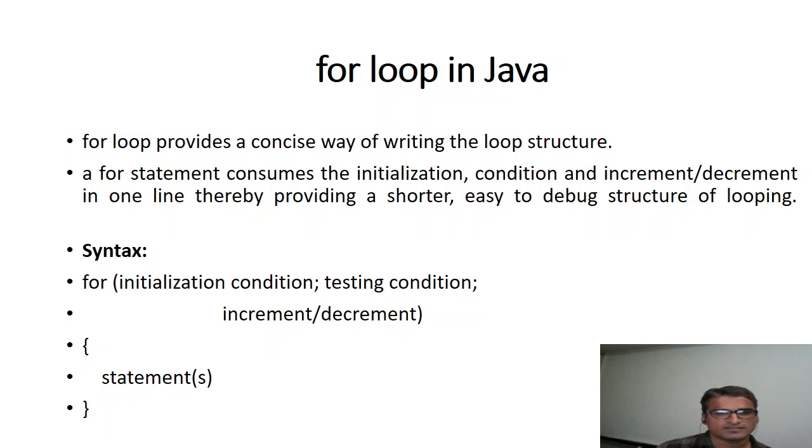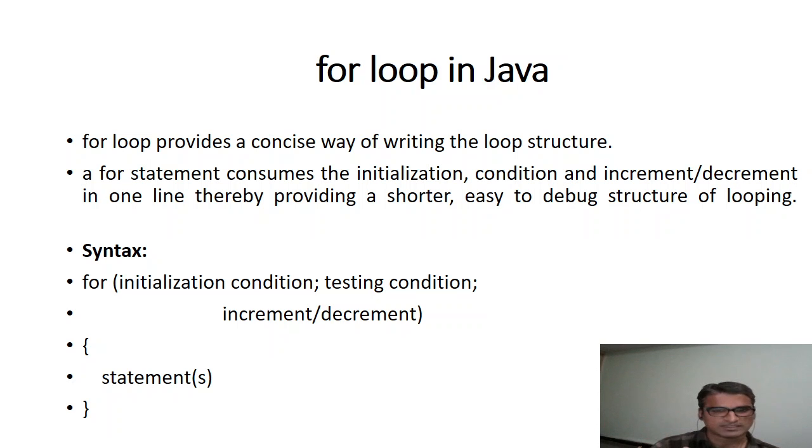In initialization, we assign a data value to the for loop variable, for int i equal to 0. That is initialization, start with 0 or we can start at a certain point. In the testing condition, we give a condition, for i should be less than or equal to 4.